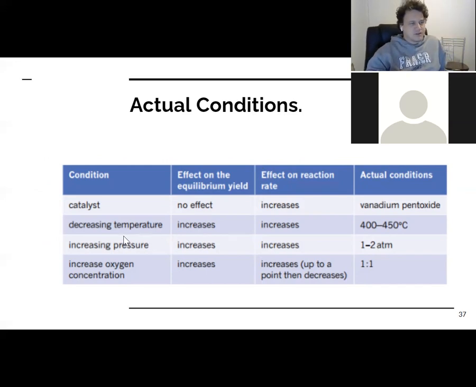The effect on the total amount of product that can be made increases with decreasing temperature and increases with increasing pressure. And the reaction rate increases as well, the speed at which the reaction happens. So there are 2 parts. You have the speed at which the reaction happens, so how quickly that reaction is going, and then you have the theoretical maximum of how much can be produced inside a particular vessel.